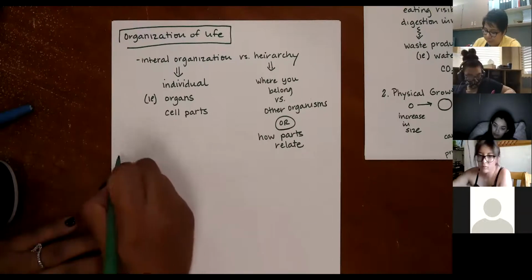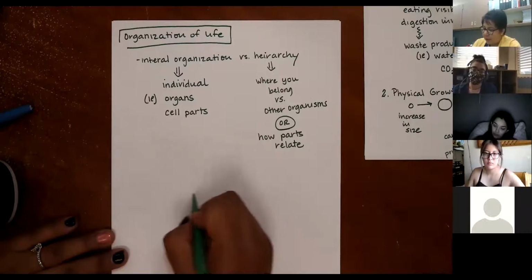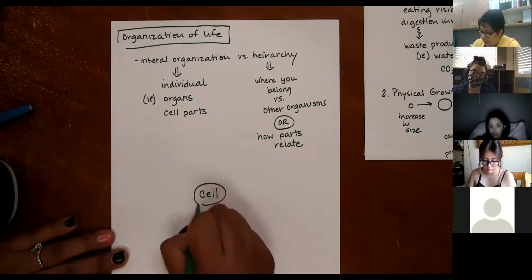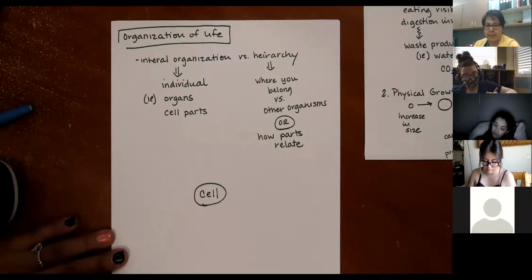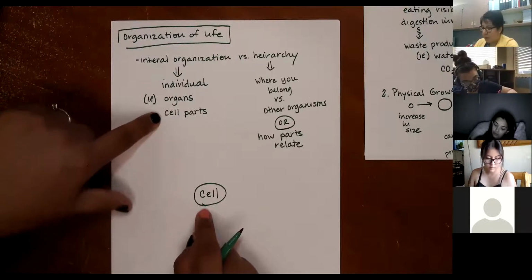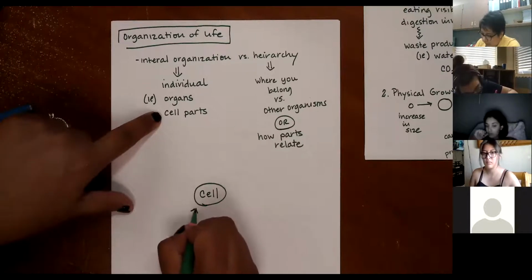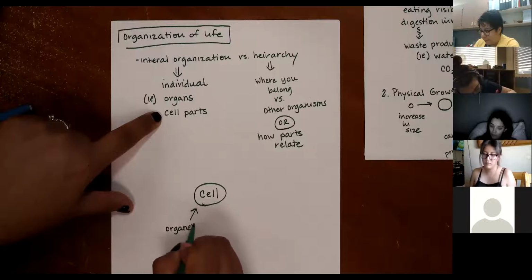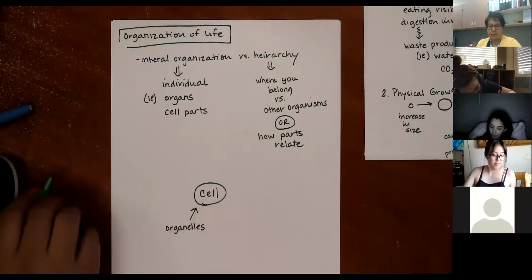So, for example, the smallest living thing that can exist, we said earlier, is a cell. But cells themselves are made up of smaller parts. Parts that make up a cell are referred to as organelles.